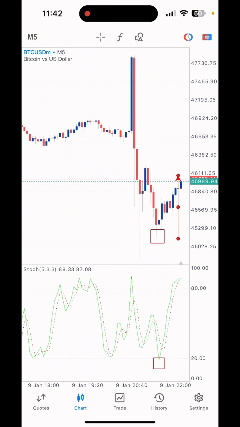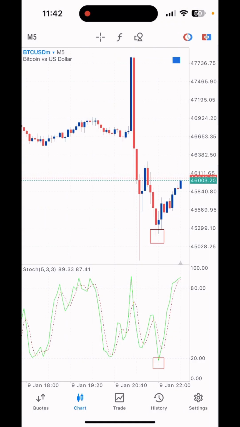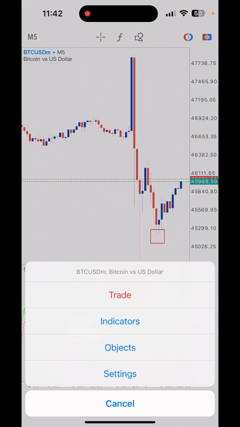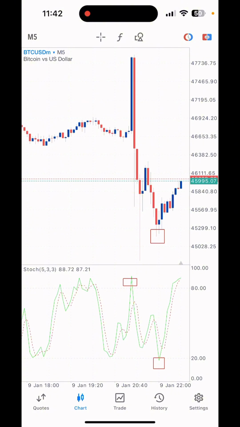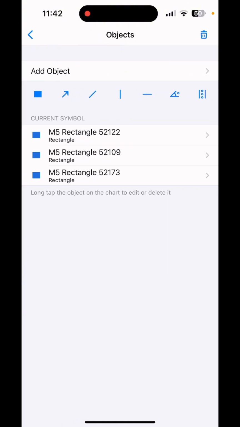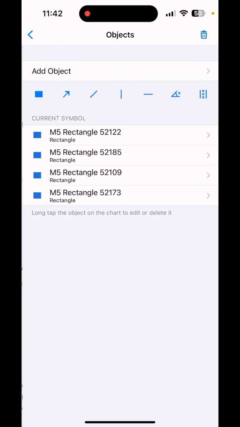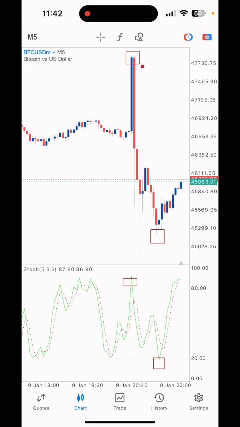Now let's check for sell. Immediately the candle touched 80 here, as you can see. Immediately price touched 80 and above, what happened? It sold, from here downwards.